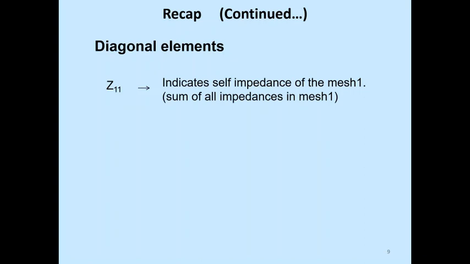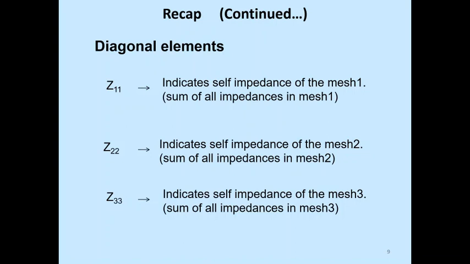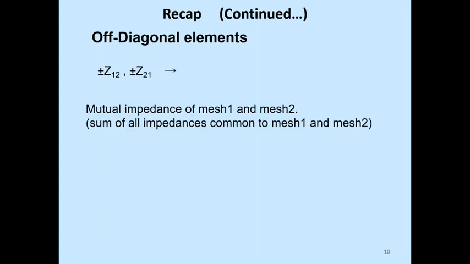The diagonal elements Z11, Z22 and Z33 are self-impedances. Z12, Z21 are the mutual impedance between mesh 1 and mesh 2.